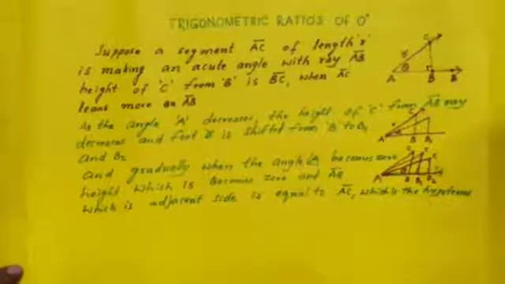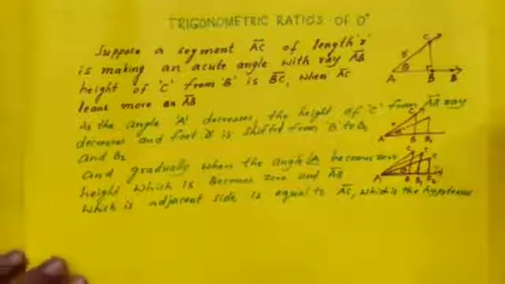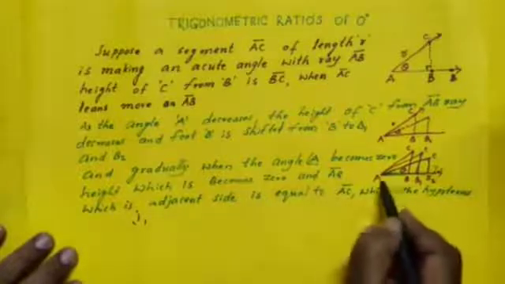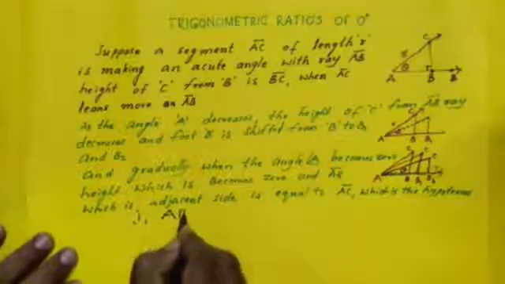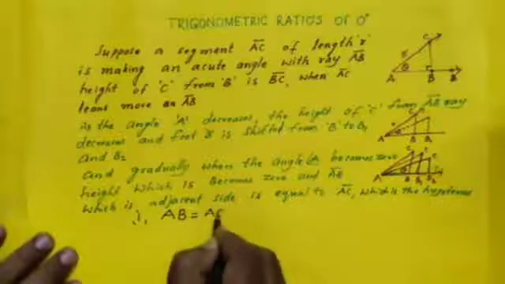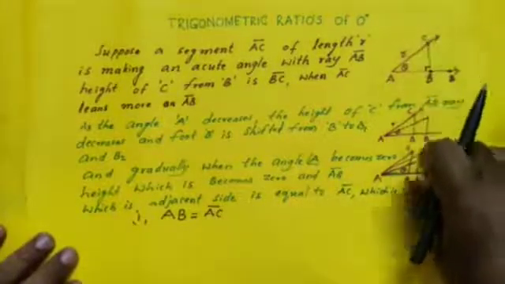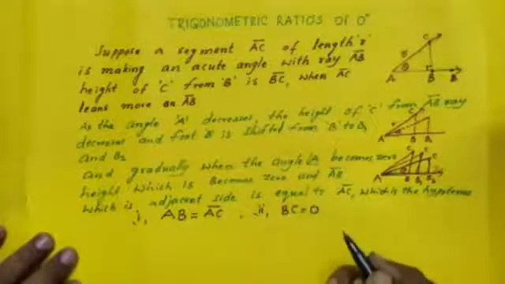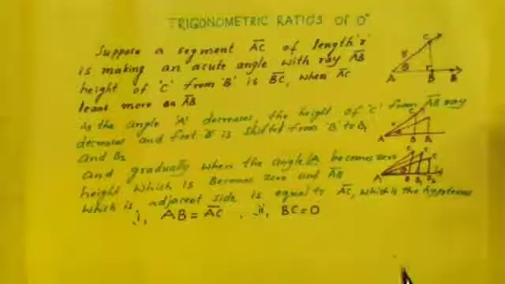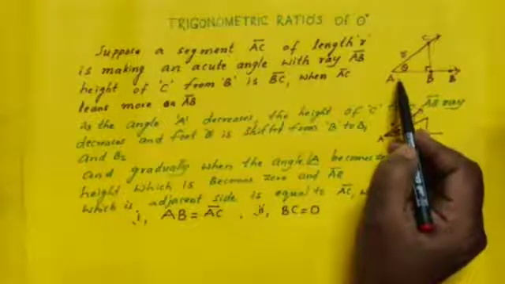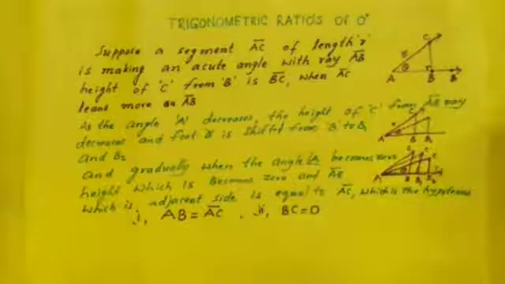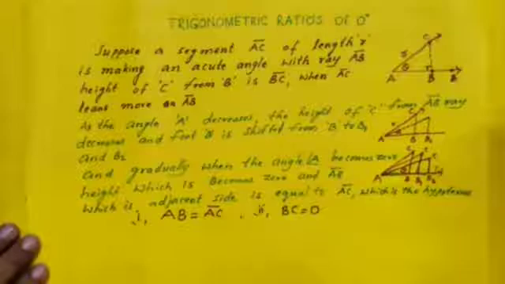When it is equal to the hypotenuse, we understand that the length of AB is equal to AC, and the height BC is equal to 0. So in triangle ABC, if theta becomes 0, AB is equal to AC and the BC length is 0. Now let us see the ratios.